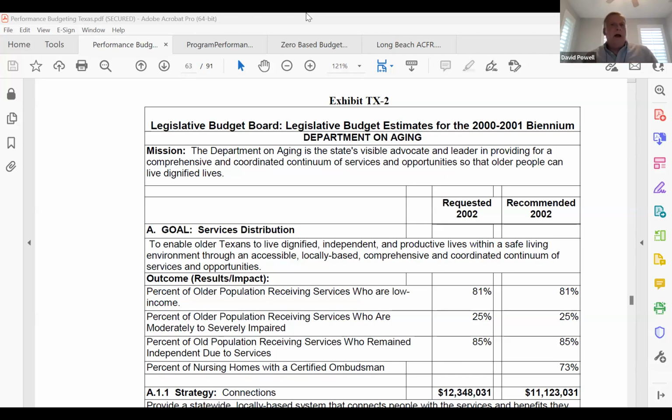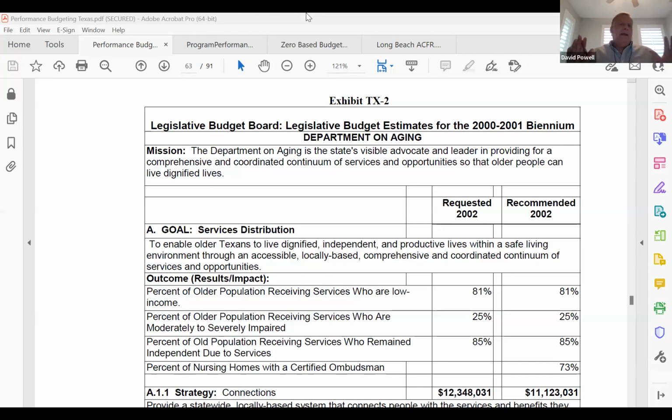It's also somewhat common to combine a performance and a program-based budget together as well. And one of the examples I'm going to show you in just a second does just that. It's a combination performance program-based budget. So they are not mutually exclusive, and you can see combinations and different manifestations of them depending on how the city chooses to use their budget format.